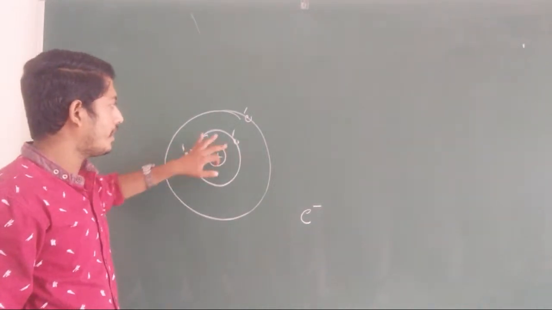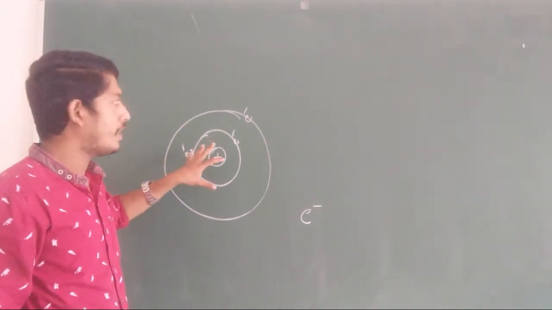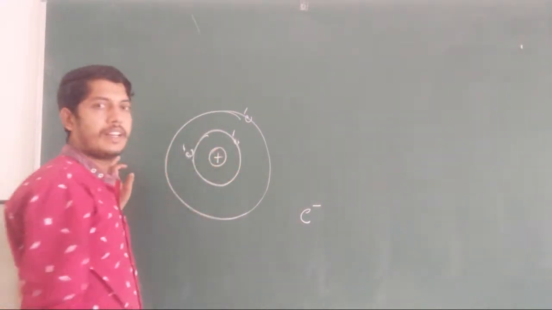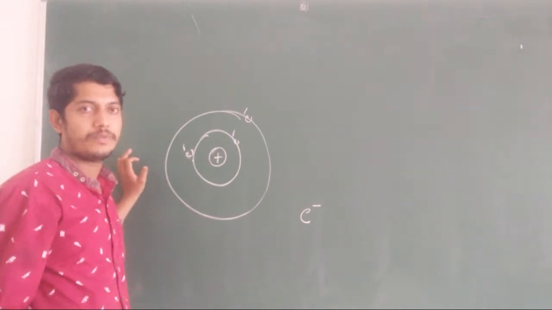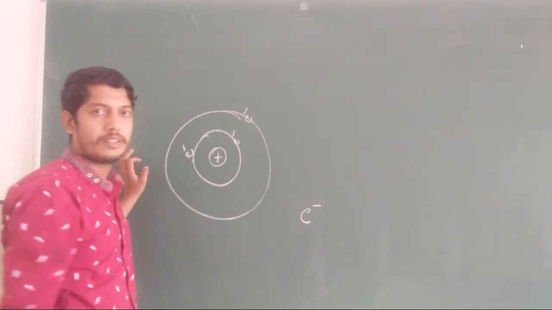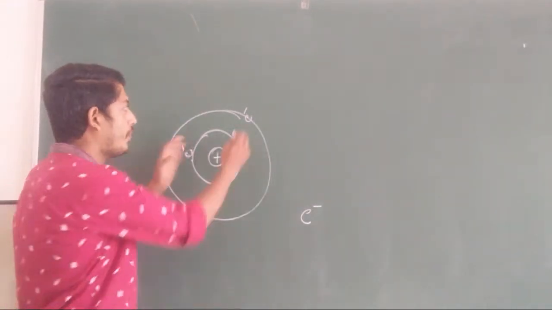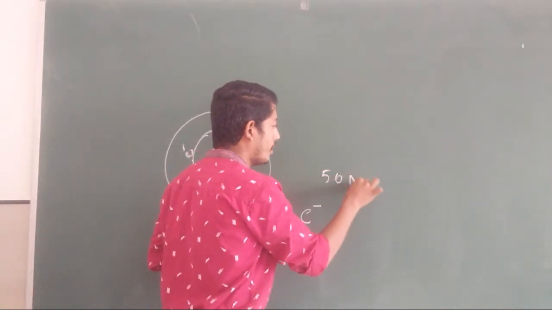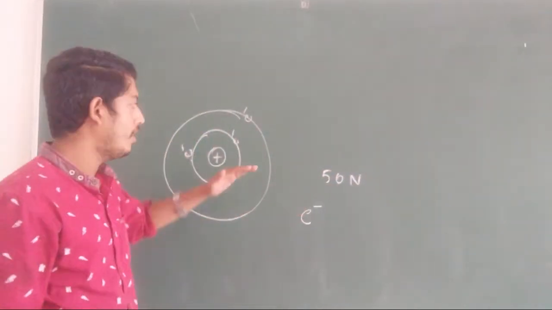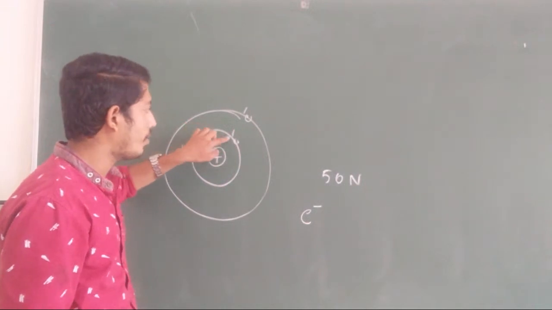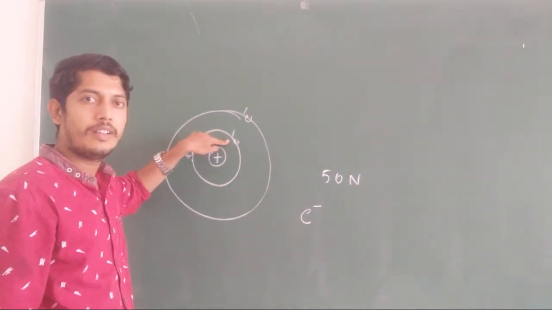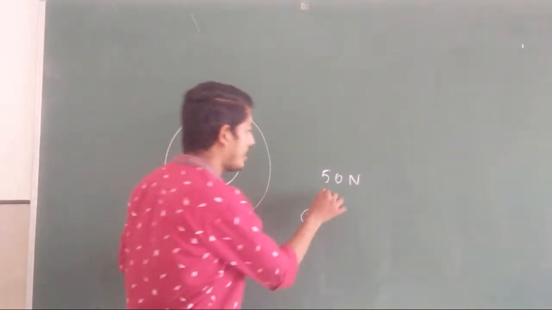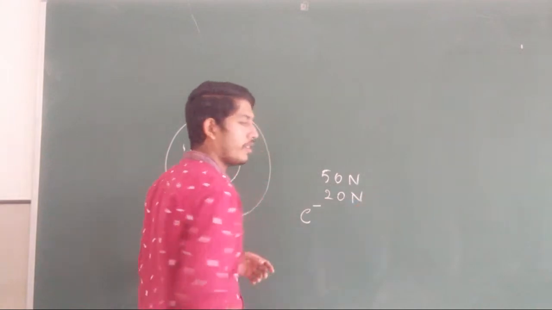When you consider these two, the force of attraction on the first shell electron is larger when compared with the second shell. For example, if the force of attraction on the first electron is 50 Newton, not exactly, and on the second electron it reduces to 20 Newton.